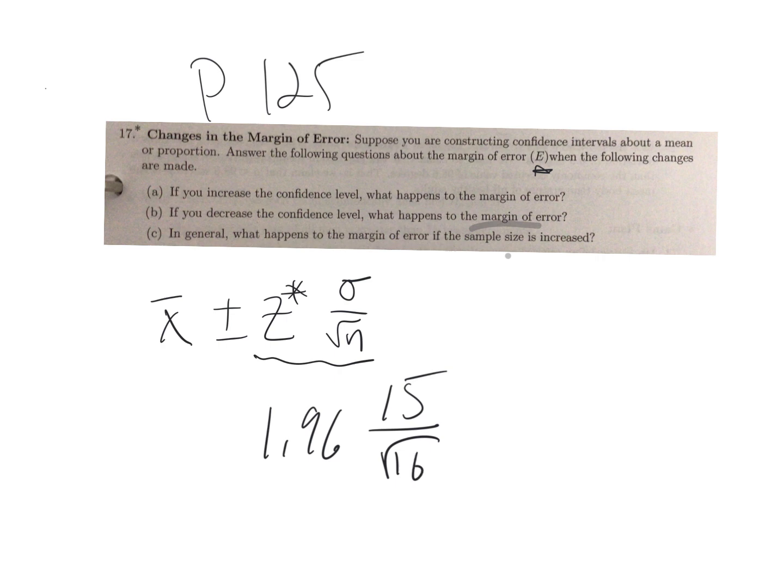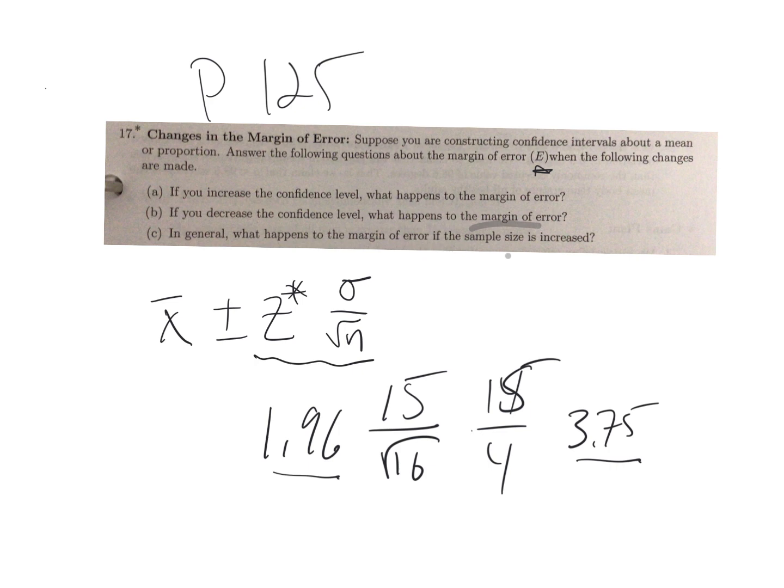So I'm going to do 15 divided by 4, which is 3.75. So then we go 1.96 times 3.75.